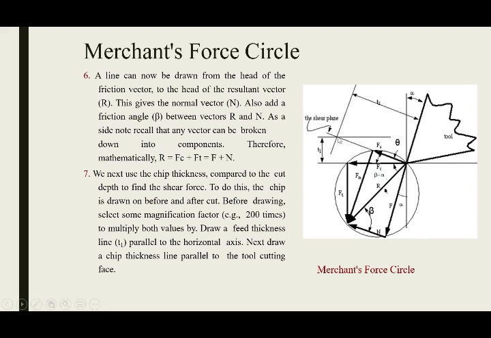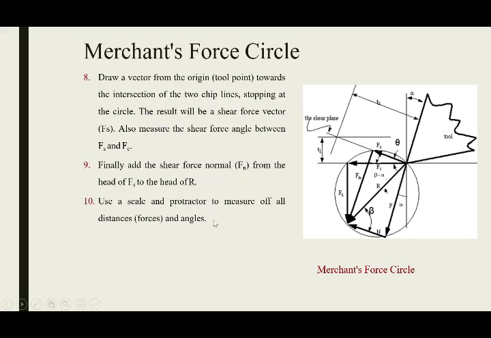Draw a line from this point to this point. This will be the vector denoting shear force Fs. And finally the shear force normal will be the line joining the head of Fs and the head of R, that is the resultant.